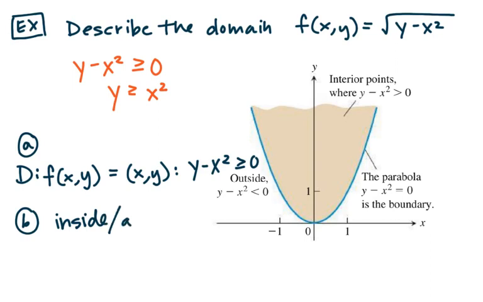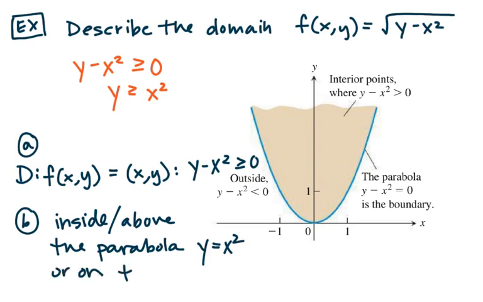So inside or above, however you want to describe that. The parabola y equals x squared, or on the boundary. So because we can include the boundary here, this is a bounded region. Let's look at one more example.